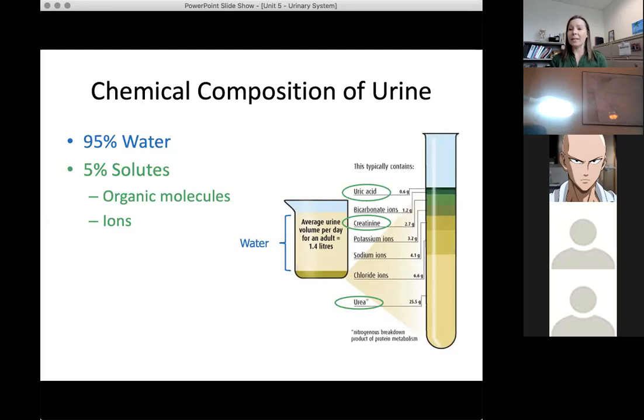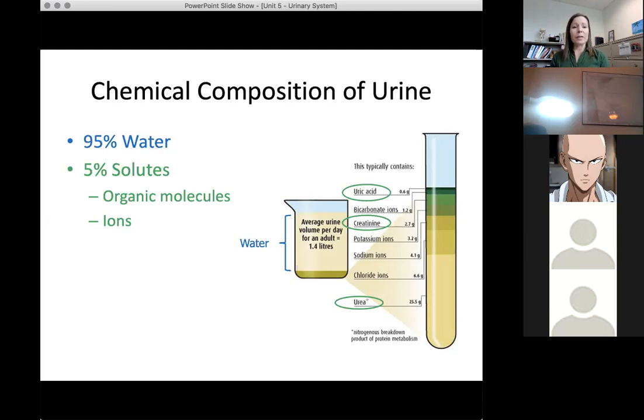And creatinine. This is a byproduct of the breakdown of creatine phosphate. Remember, creatine phosphate is a molecule that is used even before glucose. It's used for energy, but we don't have a lot of it, so it doesn't provide a whole lot of energy.